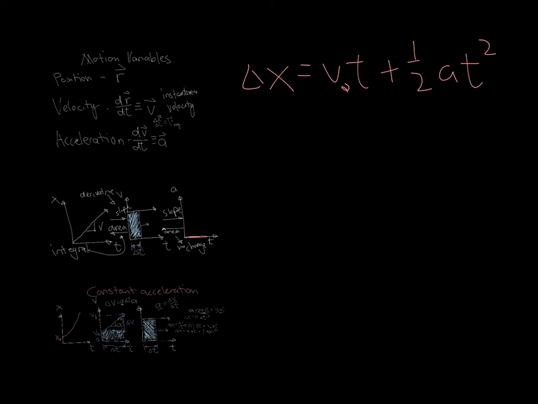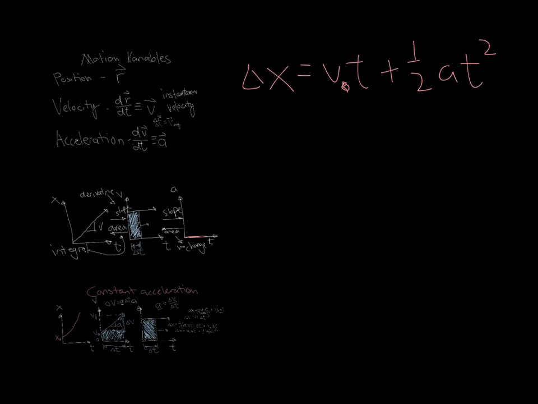That gives you both constant velocity and constant acceleration, because in constant velocity, you pretty much just make acceleration 0. This only works if you have constant acceleration, right? I guess you can consider a constant acceleration of 0 still constant acceleration.